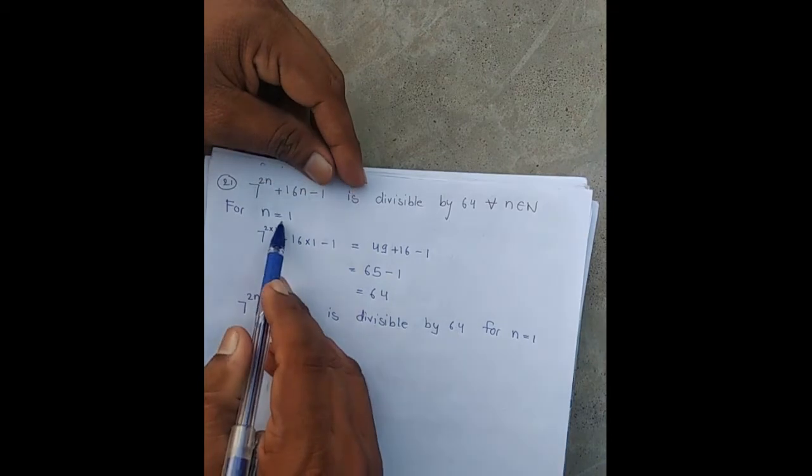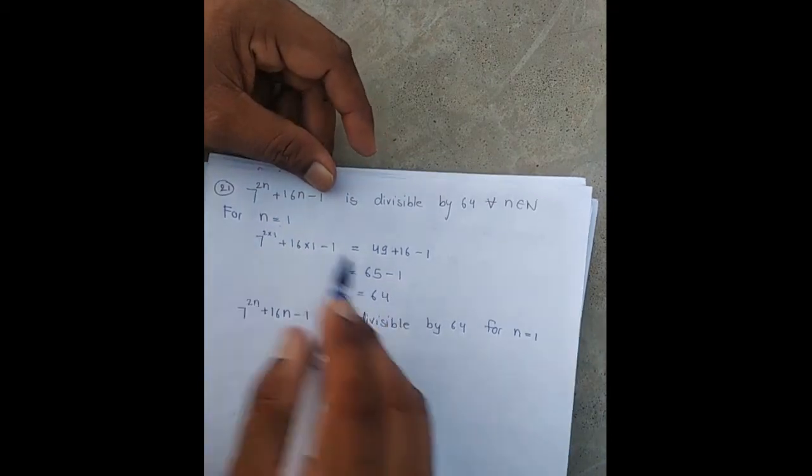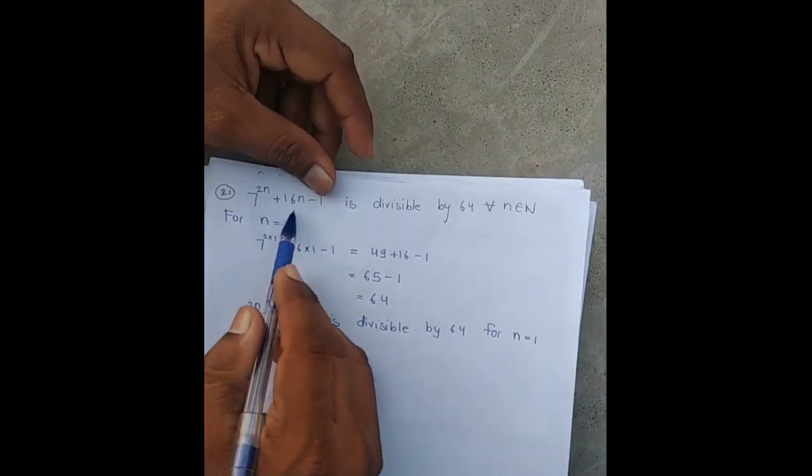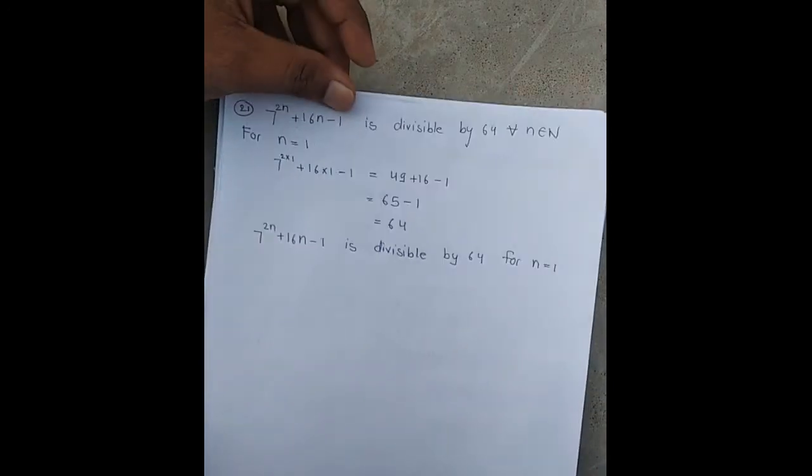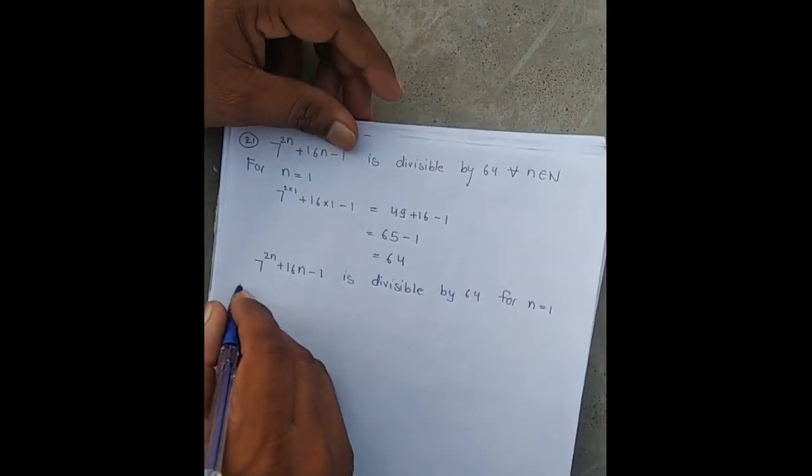If we put n equal 1, then we get 64, means this statement, this term is divisible by 64 for n equal 1.